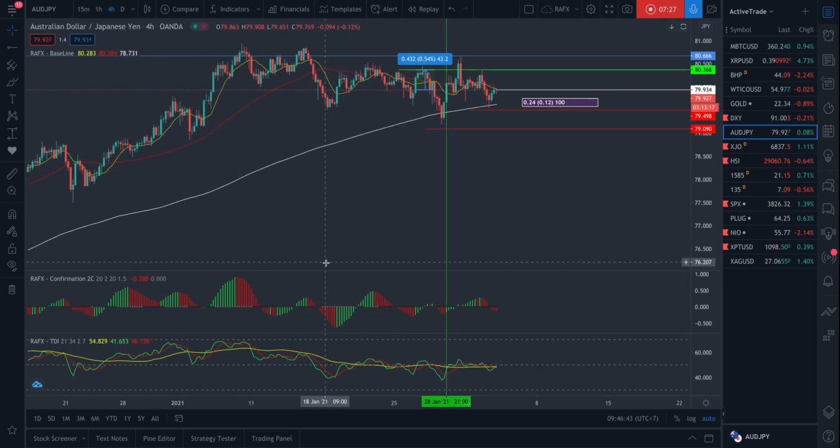So why do I have two? The first one I use to calculate my size, my lot size. And if this area here is confirmed, if the price goes here and all of the indicators are telling me to get out, then I'll get out no matter what.